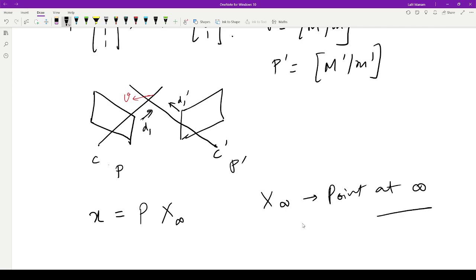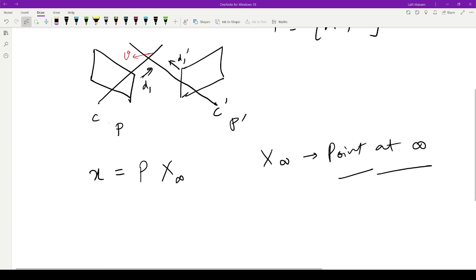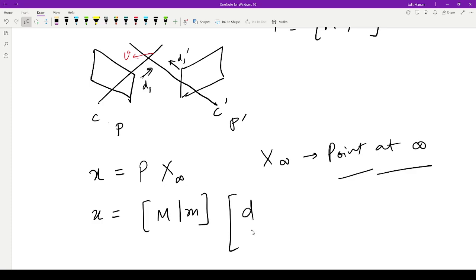We know that the point at infinity gives the direction in which that ray is going. Given that information, how do we do it? For P we can replace it as M and m, and the point at infinity will be like d and 0. This is 4 cross 1, where d is a 3 cross 1 vector.